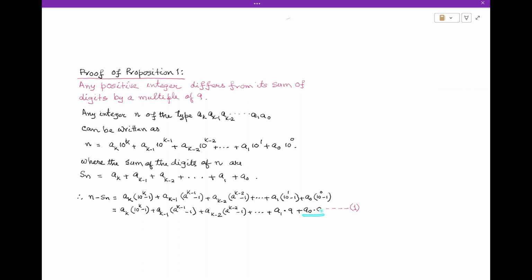Why is that so? Because 10 to the power of 0 is equal to 1 and 1 minus 1 is 0. Let us call it equation 1.